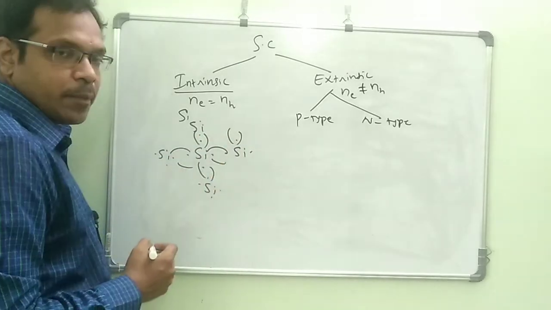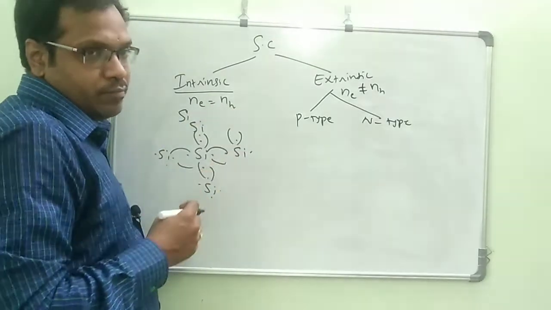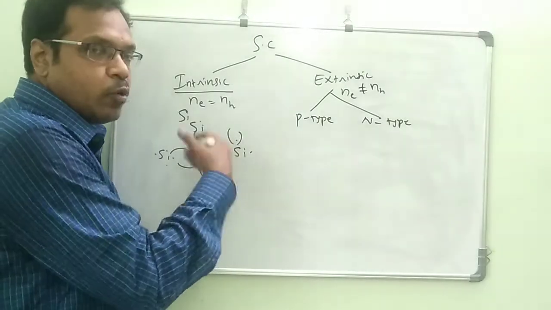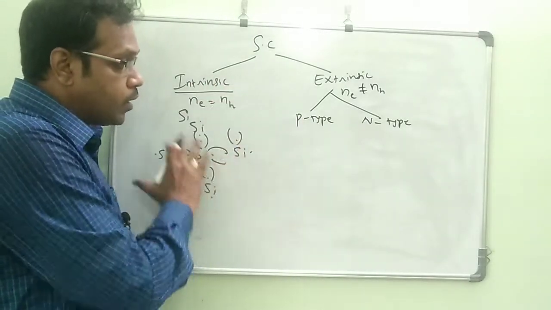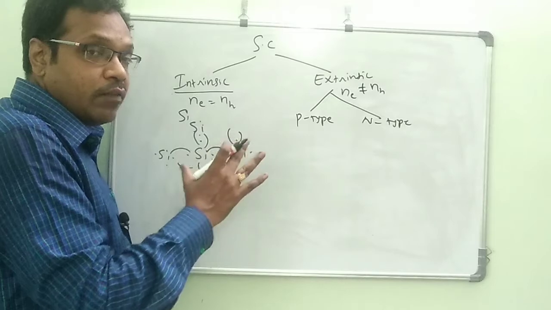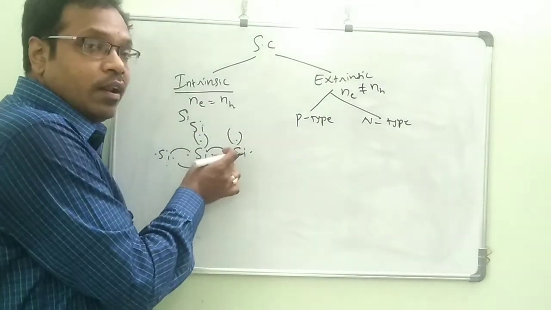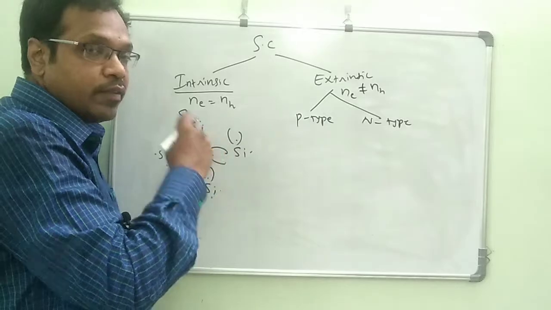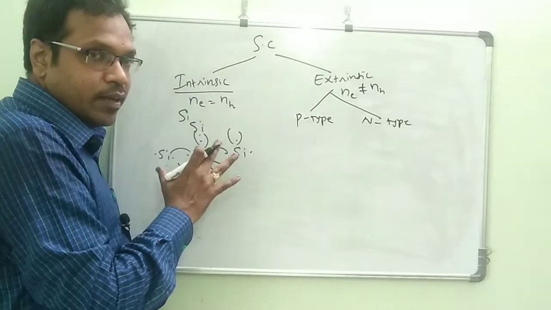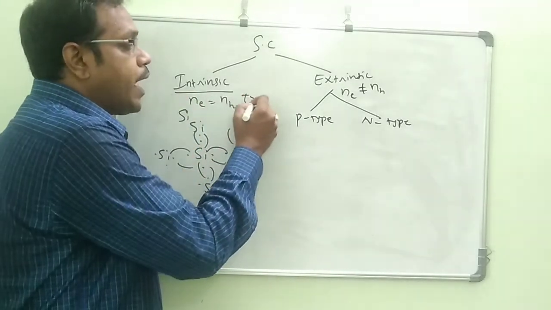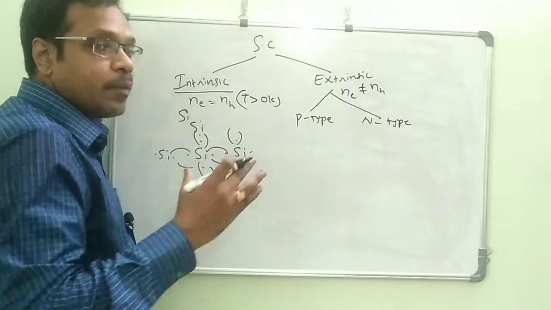So covalent bonds will happen because of temperature. At room temperature, nothing will go outside. So it will be like at 0 Kelvin, electrons will not come outside. They will not go even to the conduction band. So it will behave like an insulator. But we are discussing now T greater than 0 Kelvin, that is room temperature.